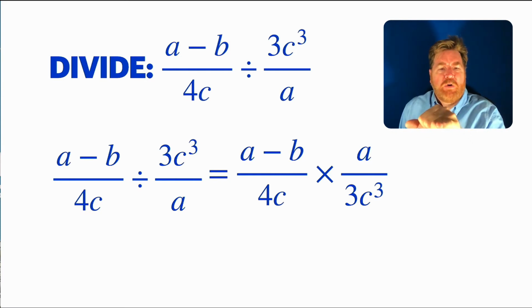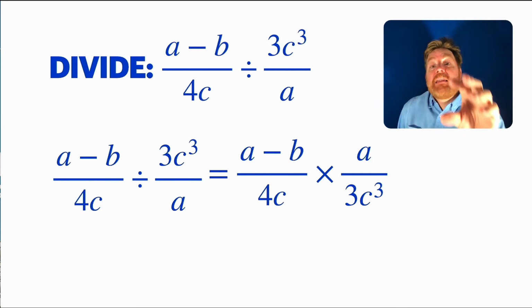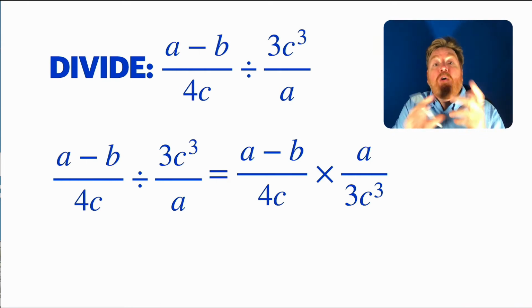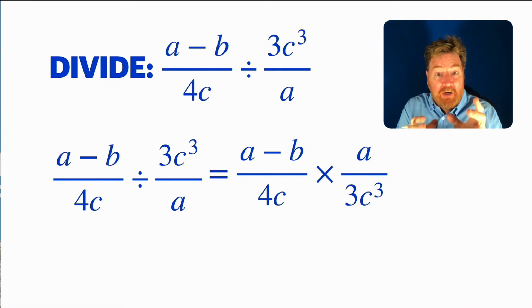So look at the bottom real quick. 4c times 3c cubed, no big deal. We can just go straight through there. And in the top, we have to be a little careful here because it's a multi-term numerator, right? There's two terms in the numerator, a and b, with that minus sign in between them, so a minus b.